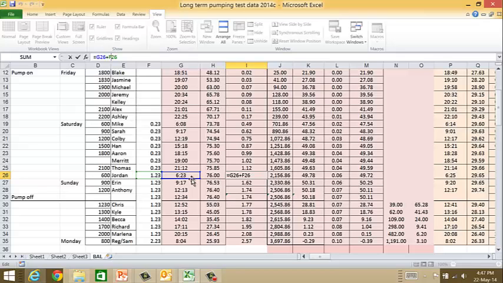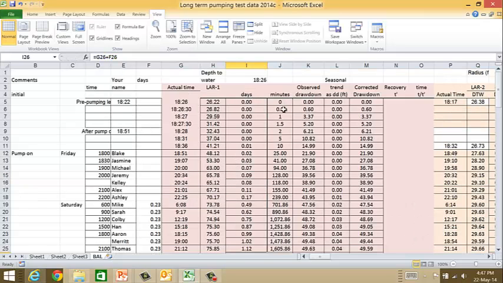You do that just by changing the format in the column, and then adding to it 1.23 days, which is the number of days from midnight on Sunday to the time the test started on Friday. Okay, so that's how we got the elapsed time in days, and then we converted that to minutes.